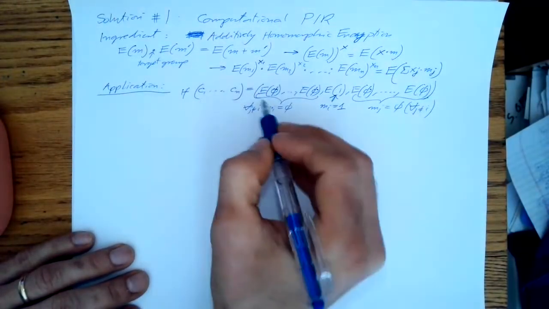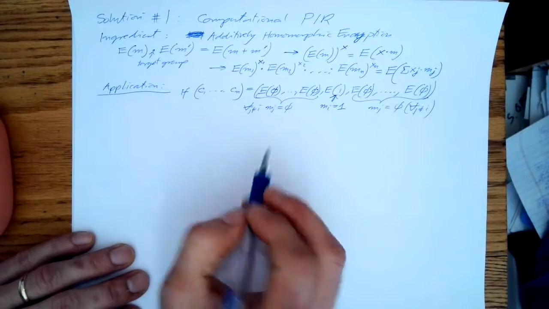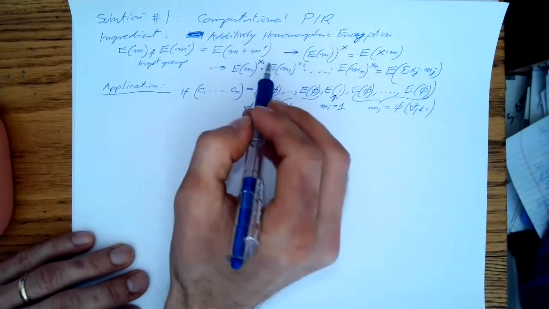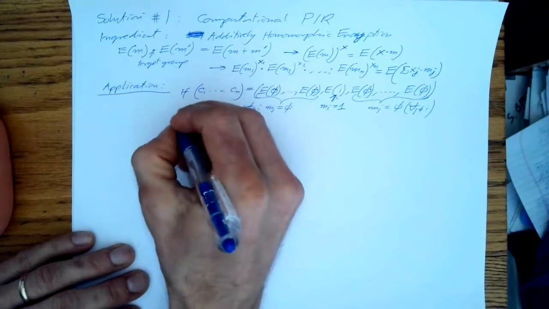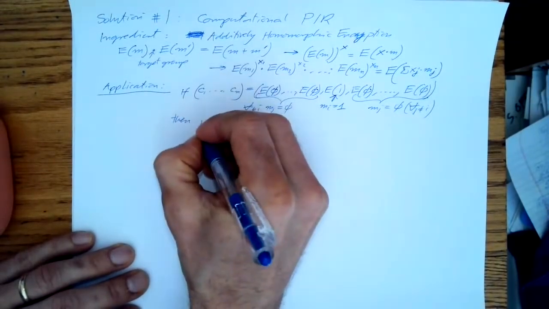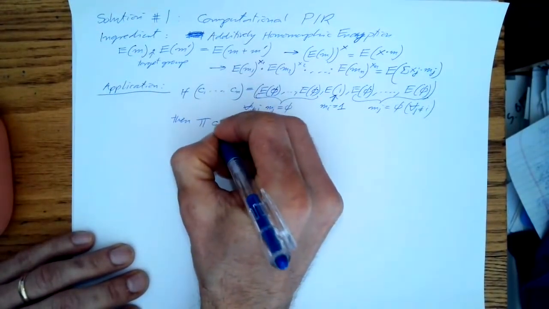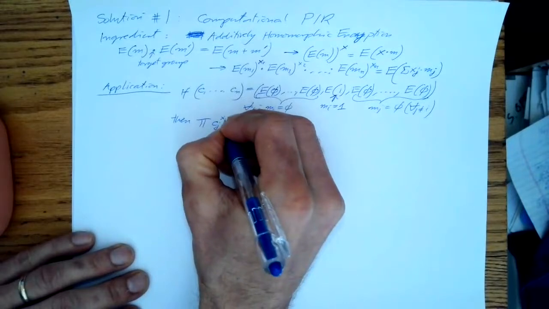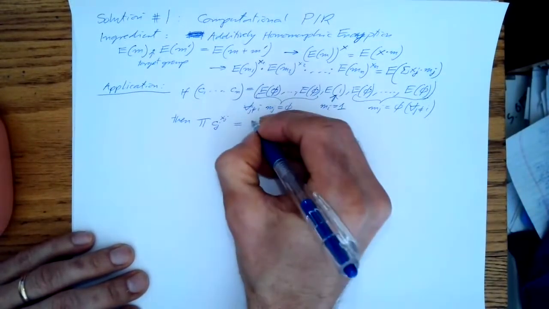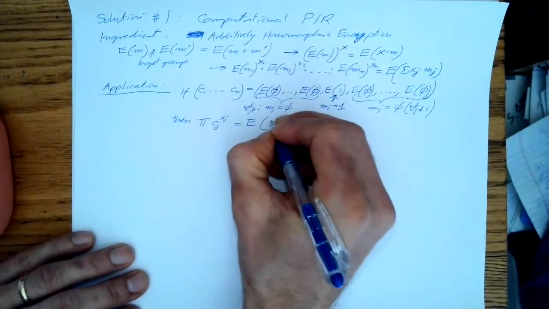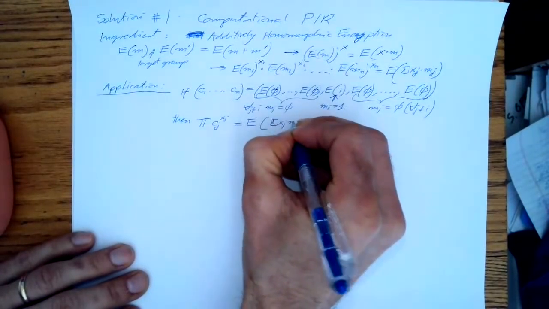If that is my vector of ciphertexts, then the product of c_j to the x_j is an encryption of the sum of x_j m_j.